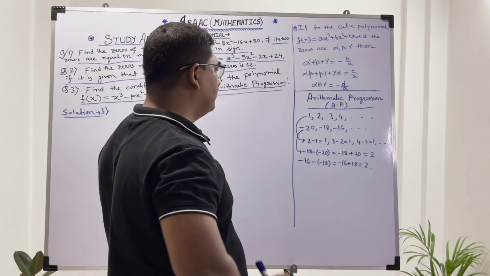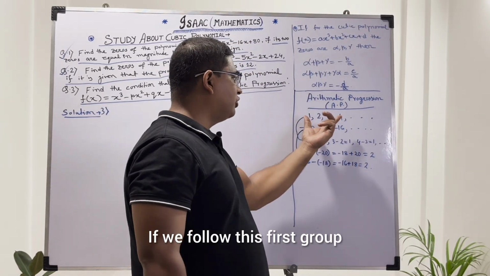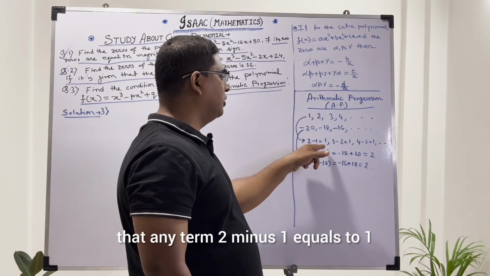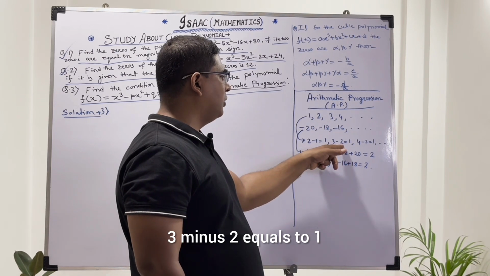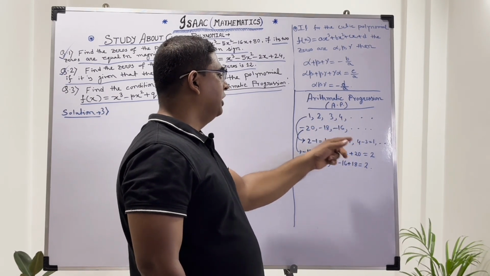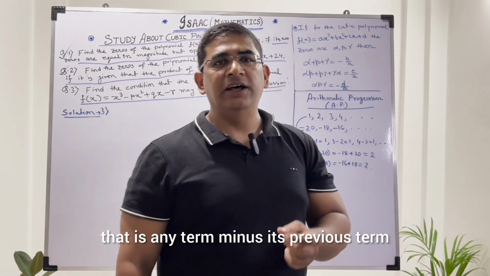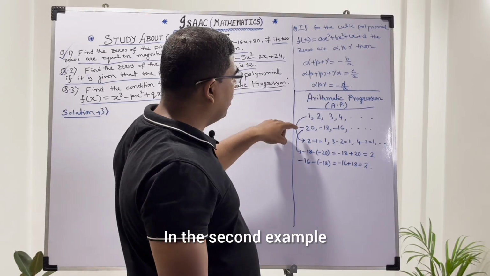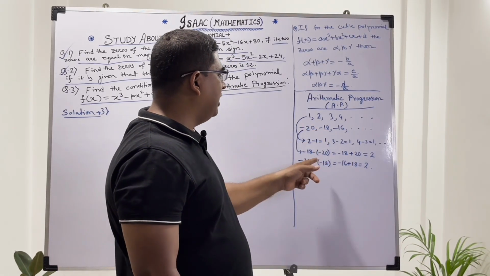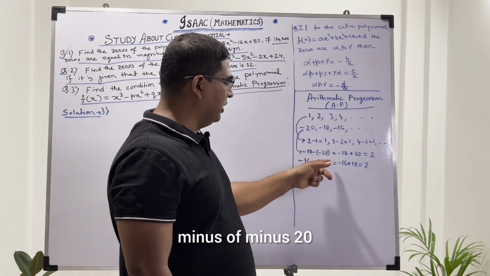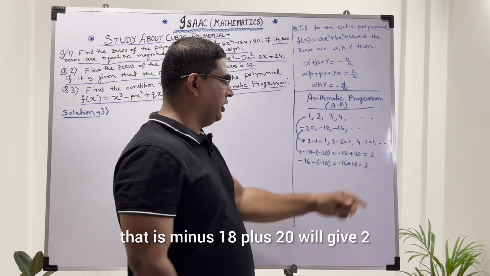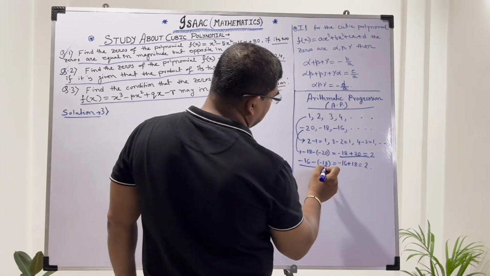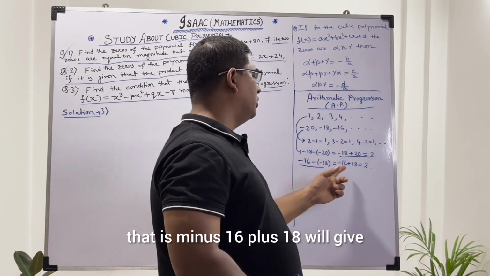So in the first group, any term minus its previous term always gives a fixed value: 2 minus 1 equals 1, 3 minus 2 equals 1, 4 minus 3 equals 1. In the second group of values, minus 18 minus of minus 20, that is minus 18 plus 20, will give 2, and minus 16 minus of minus 18, that is minus 16 plus 18, will give 2.